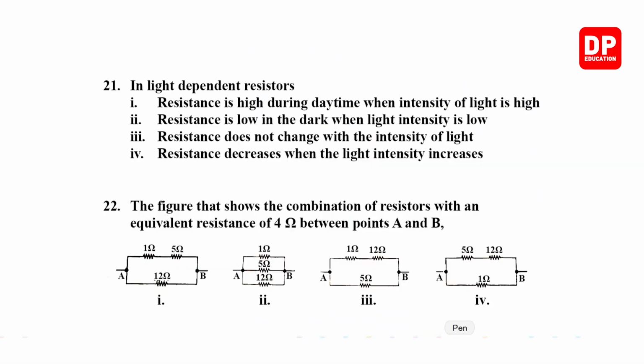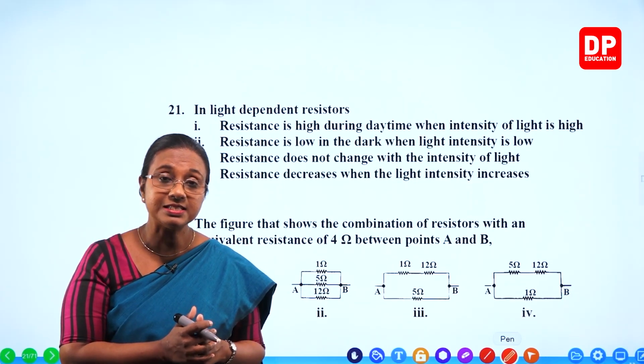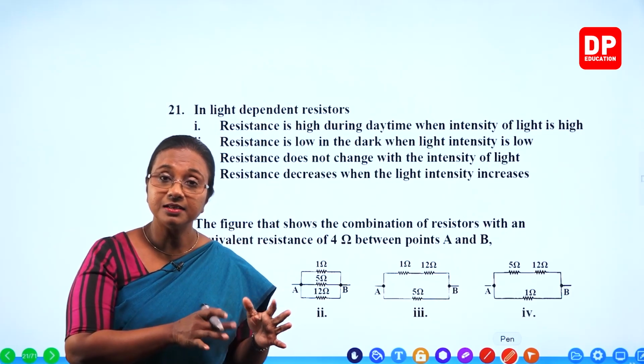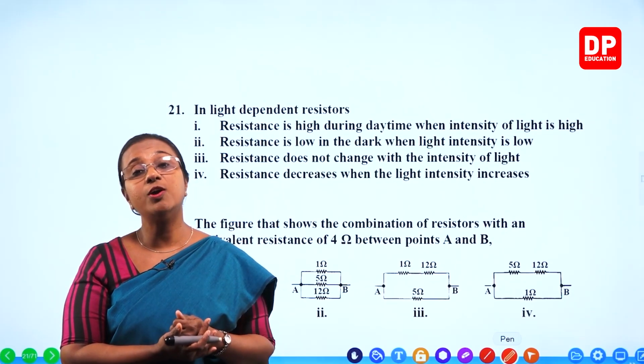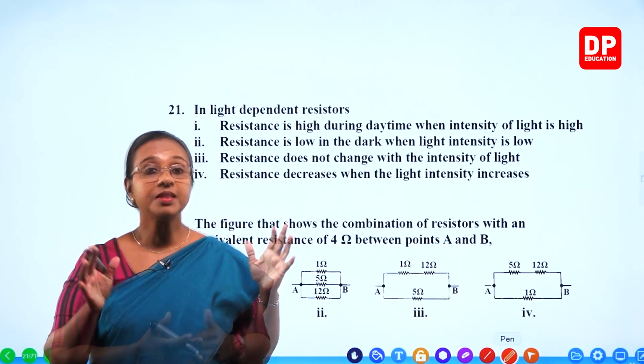In light-dependent resistors, what are light-dependent resistors? Resistors in which the resistance depends on the intensity of light. When the light intensity is very less, the resistance is high. That is, in the dark, when there is less light falling on the resistor, the resistance is very high.